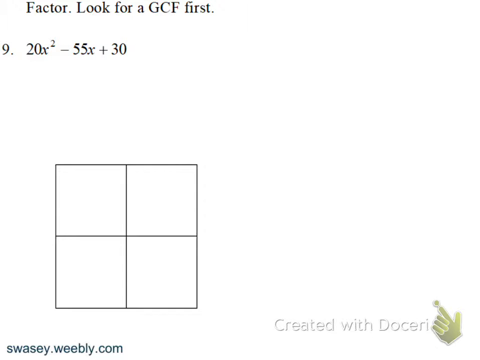Notice it says look for GCF first. That's a clue that there's going to be a GCF. Greatest common factor here is 5. So let's divide everything by 5 to start with. So you have 4x squared minus 11x plus 6. Now, focusing on what's in parentheses, we can do a times c. 4 times 6 gives us 24.